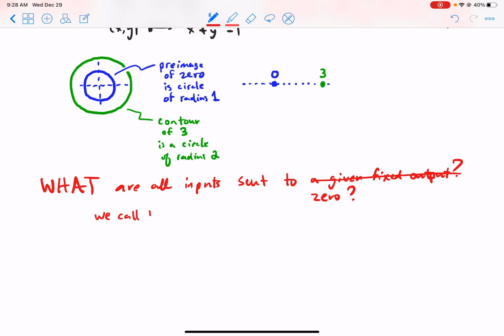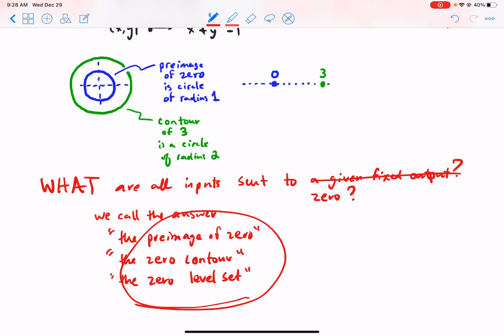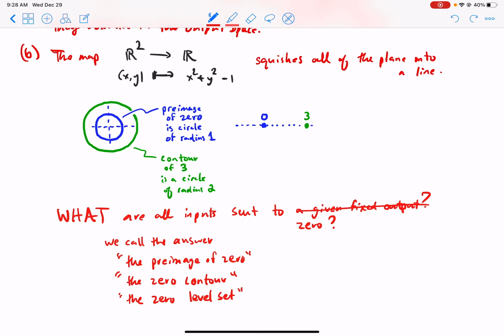We call the answer to this question the preimage of 0. Or another way we call it is the 0 contour. Another thing we call it is the 0 level set. When things are important, they typically have many names. Even just in English, they have many names, not to mention other languages. But in English, these are 3 of the most common.